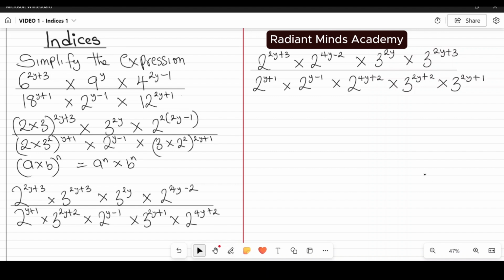Now at this point, we have been able to group the bases, so we now use our multiplication law of indices to simplify the index.